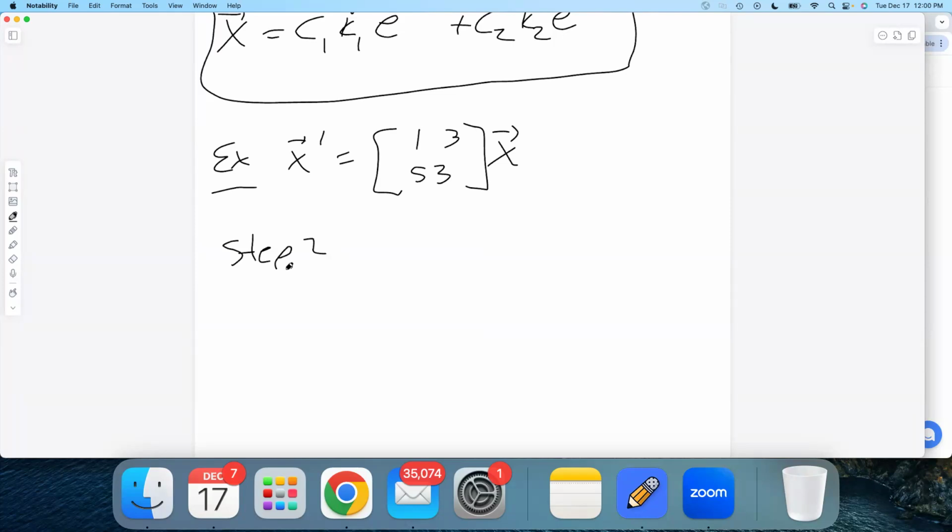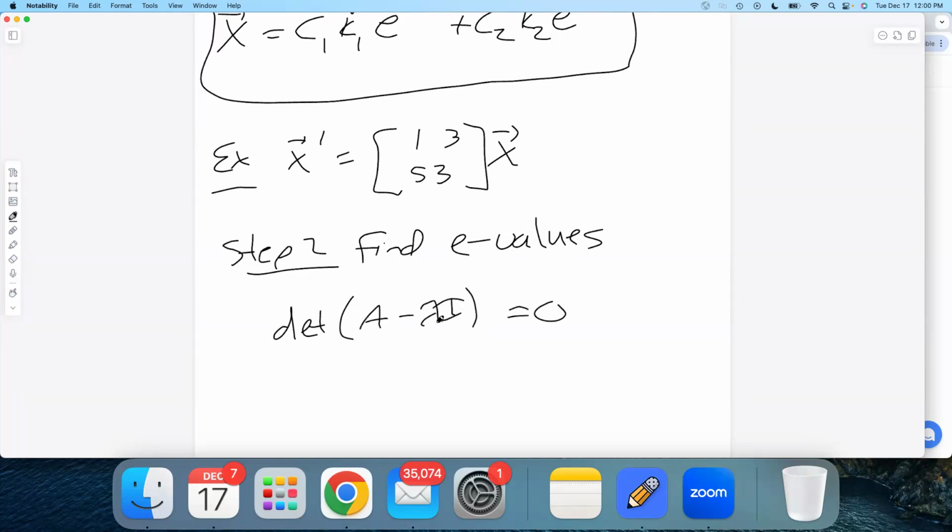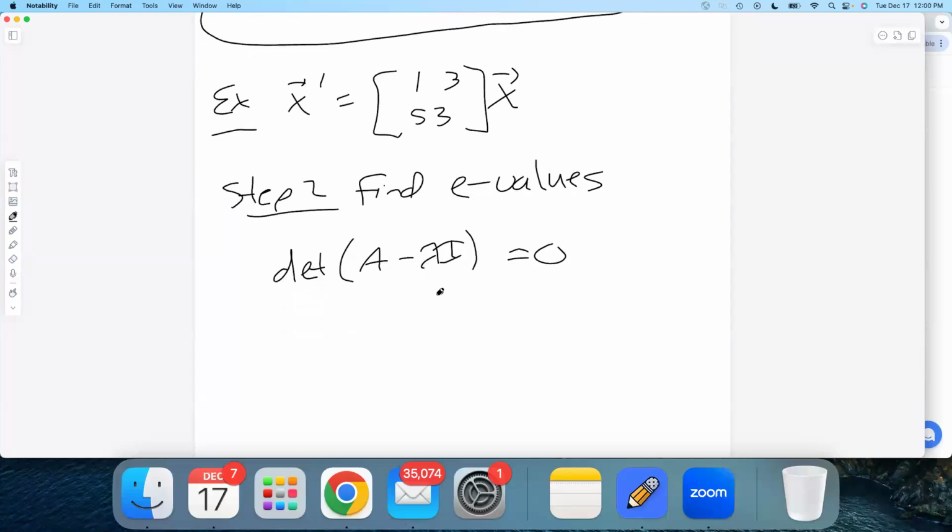But next, step two, find your eigenvalues, which we'll generally abbreviate E values. And the way we do that is we want the determinant of the matrix A minus lambda I to be 0. So what do we mean by this? What's A minus lambda I? Well, I here, because we're in 2 by 2 universe, we have 2 rows, 2 columns, will be the 2 by 2 identity matrix, also just called I2 sometimes.